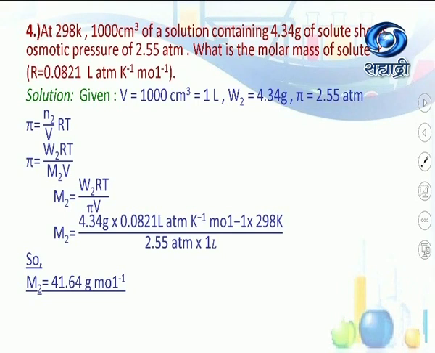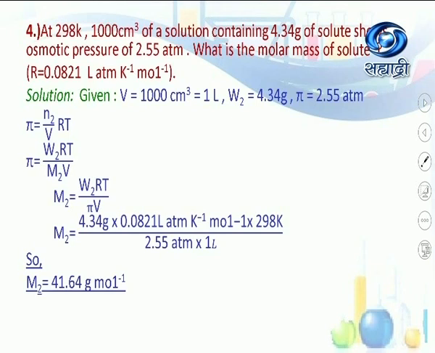Now solution. Volume is 1000 centimeter cube, that is equal to 1000 ml, meaning how many liters? 1 liter. So V is 1 liter. W2, mass of a solute, how much is it? 4.34. Pi is 2.55 atmosphere. So which formula you have to use?